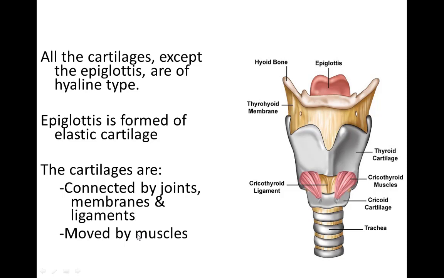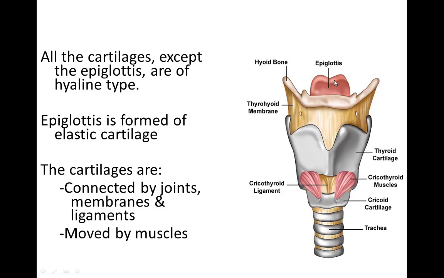All these 6 cartilages are hyaline cartilage except the epiglottis. The epiglottis is formed by elastic cartilage.